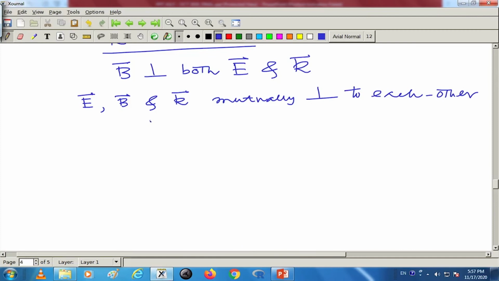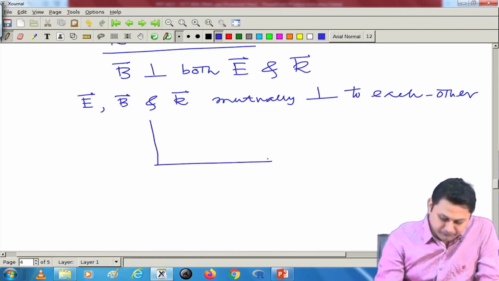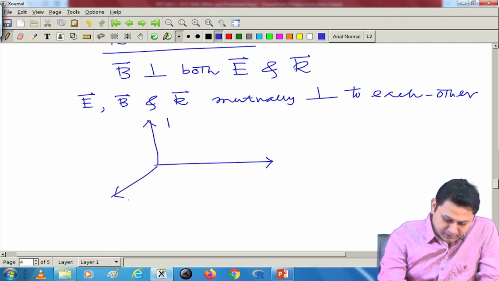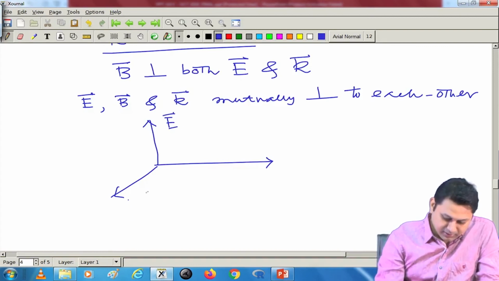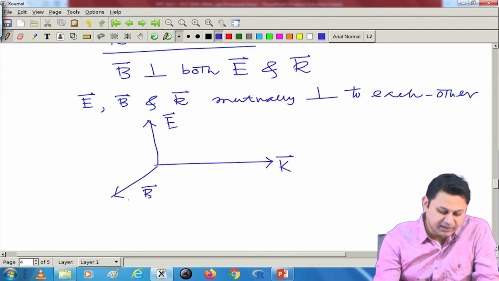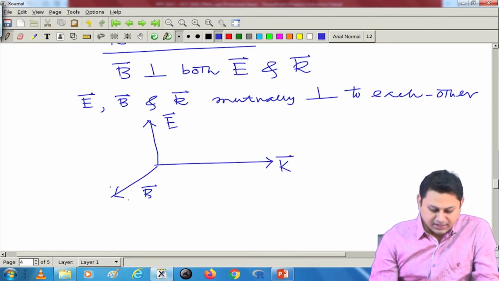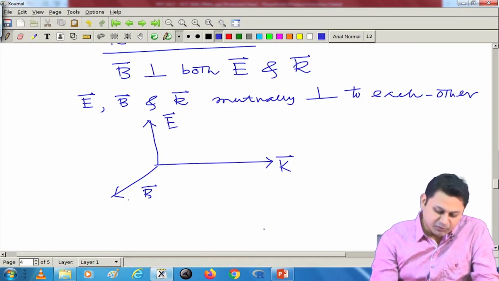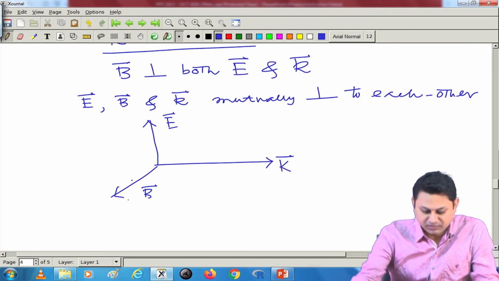That means, if I plot E in this direction, then B will be in this direction and k will be in this direction, and that is precisely the case for an electromagnetic wave. We know that electric field and magnetic field vibrate perpendicular to each other with a sinusoidal variation, and they propagate in a direction which is perpendicular to both. So, k is the direction of propagation and E and B are placed in this way.